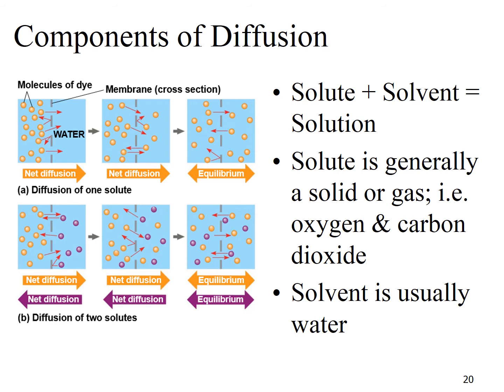So the graphic to the left basically just shows dye molecules moving from a higher concentration to a lower concentration, seeking equilibrium across a semi-permeable membrane. The little dotted line essentially represents that semi-permeable membrane, the phospholipid bilayer, and the globular proteins.